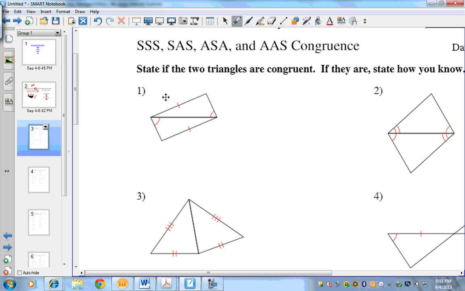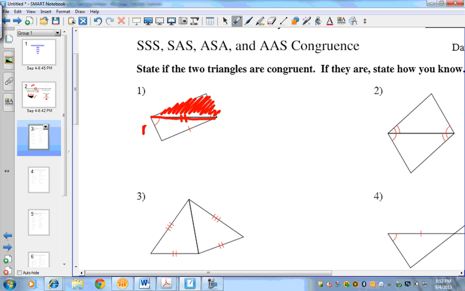But is there anything else that we know regarding this? And it is yes, this shared side right here. So we know that this shared side is exactly the same. So I want you to look. We have this side and this side congruent. We have this angle and this angle congruent. Once again, if you want to see it a little better, let's just look at just one of the two triangles.